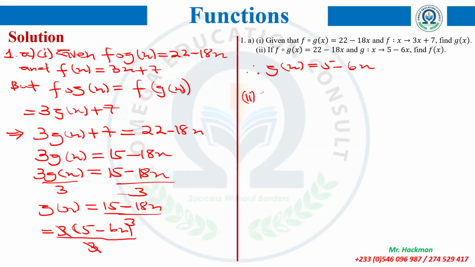What are we given? We've been given f of g of x, that is equal to 22 minus 18x, and g of x is also in mapping form. So you extract it in relation form. So g of x is equal to 5 minus 6x.